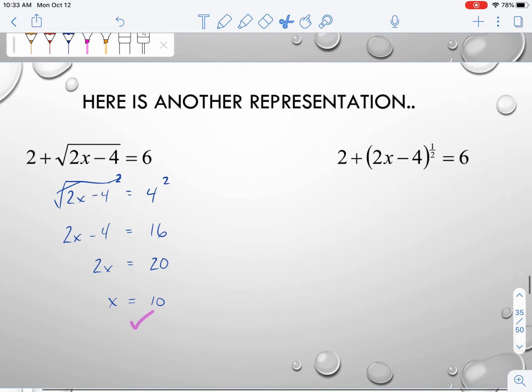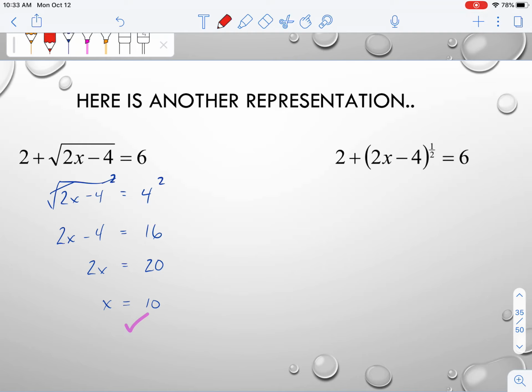If I had decided that I was going to rewrite the radical as a rational exponent, remember that the square root of x would be x to the 1/2 power. So here, my quantity 2x minus 4 under the square root is the same thing as the quantity 2x minus 4 to the 1/2 power. So now let's go through and solve it. I'm going to subtract the 2.